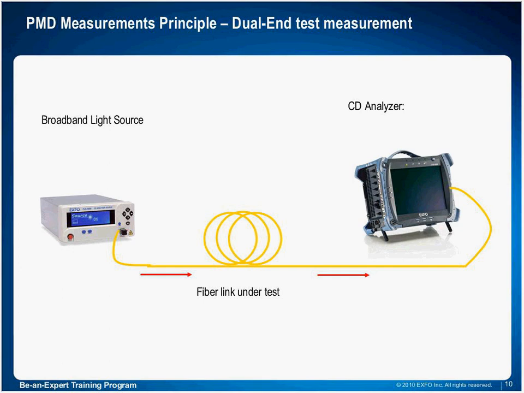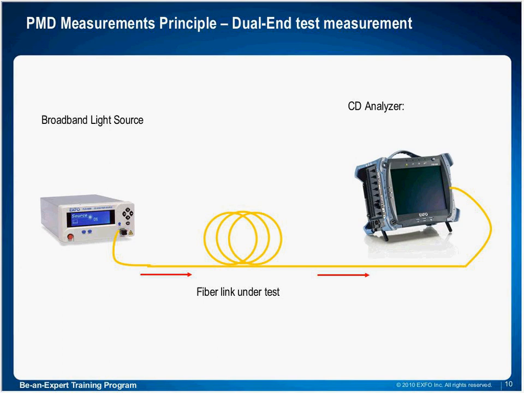And the CD analyzer equipment is going to be selecting certain wavelengths or certain pairs of wavelengths and using the difference in arrival times or the difference in phases of these different wavelengths to be able to calculate the actual difference in arrival time and the difference in dispersion as a result.